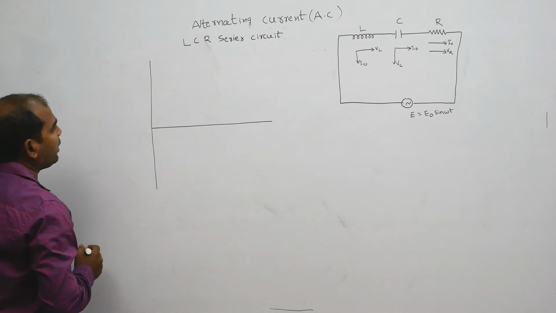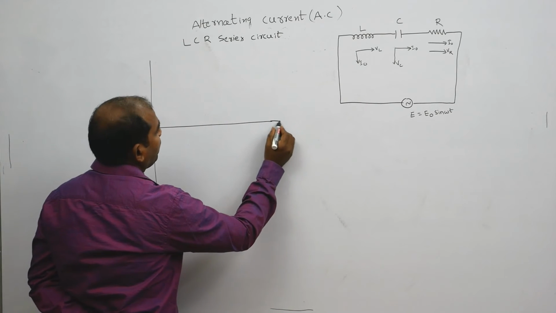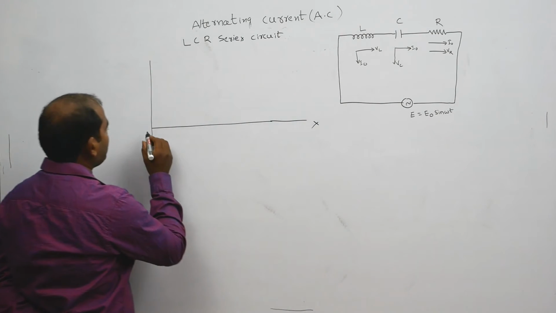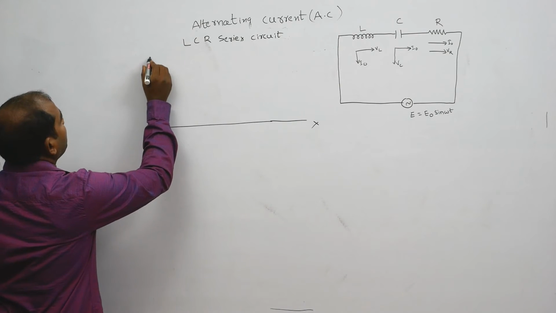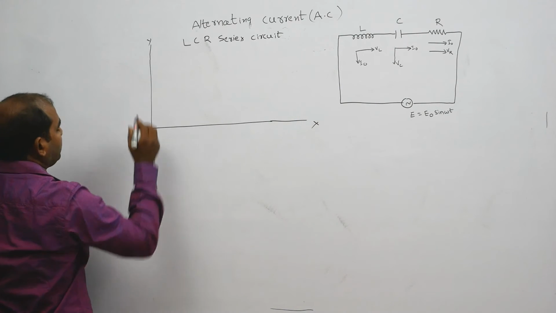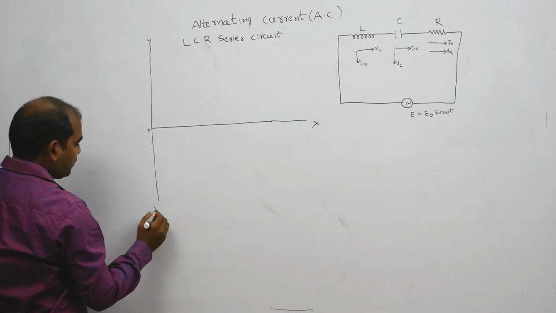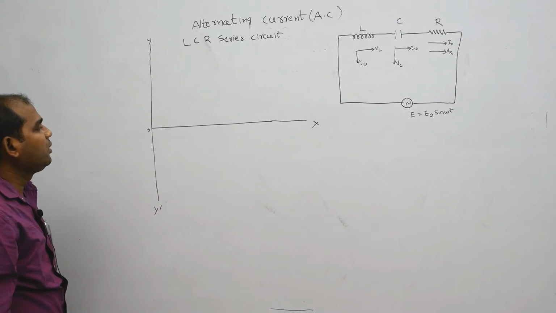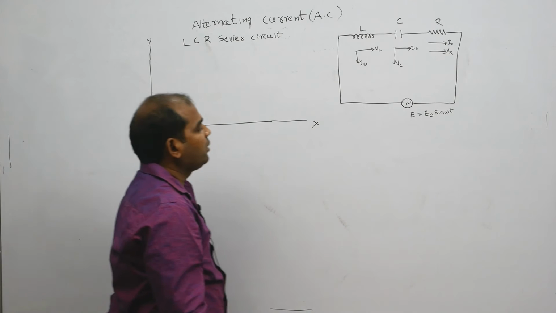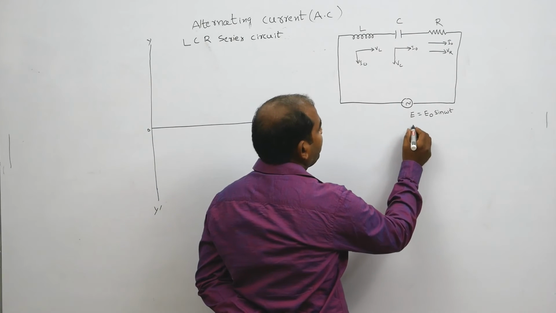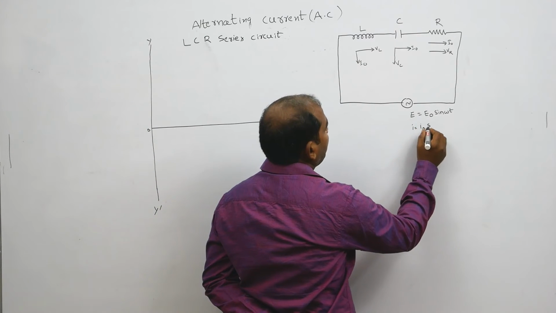In this phasor diagram, this is the x-axis we have taken, this is the origin, this is y, and this is y prime. Now, first I am going to take the current, which varies according to the equation I naught sin omega t.